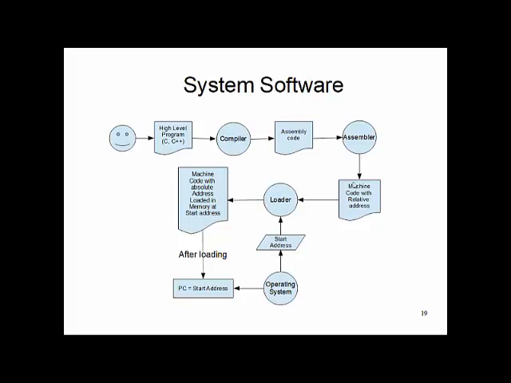The loader translates the machine code with relative addresses into machine code with absolute addresses and loads it into that memory space starting from the start address. Once it is done, the operating system sets the program counter to the start address, and your processor fetches the first instruction of the program as the next instruction, and that's how the system works.